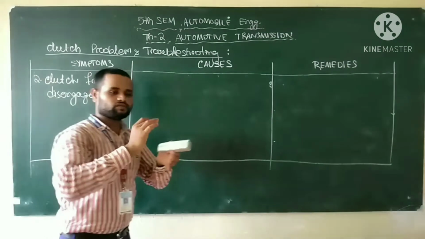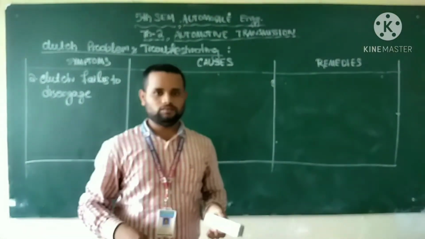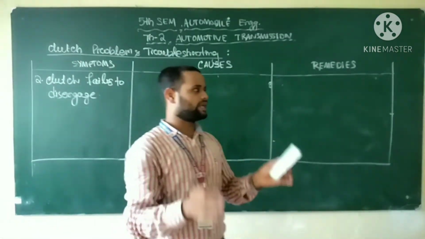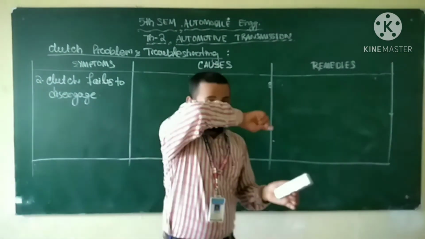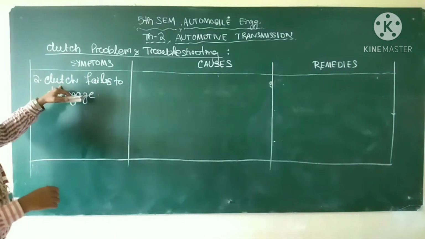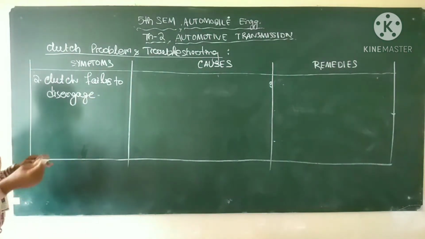Engagement is there. If it will not disengage, how will the gear be applied? After the disengagement, the vehicle will move. So if the clutch fails to disengage, how will the vehicle move forward?